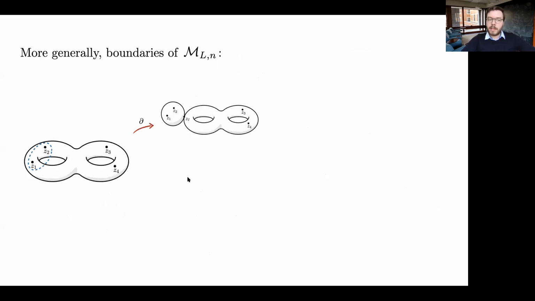Of course, this generalizes to arbitrary L and N. One type of boundary is the one that we've seen before. And now we also have a new type, in which you can put a lasso around the handle and then shrink it to 0, and it gives you this kind of degeneration. Now, at every step, the dimension of the corresponding moduli space decreases by 1.